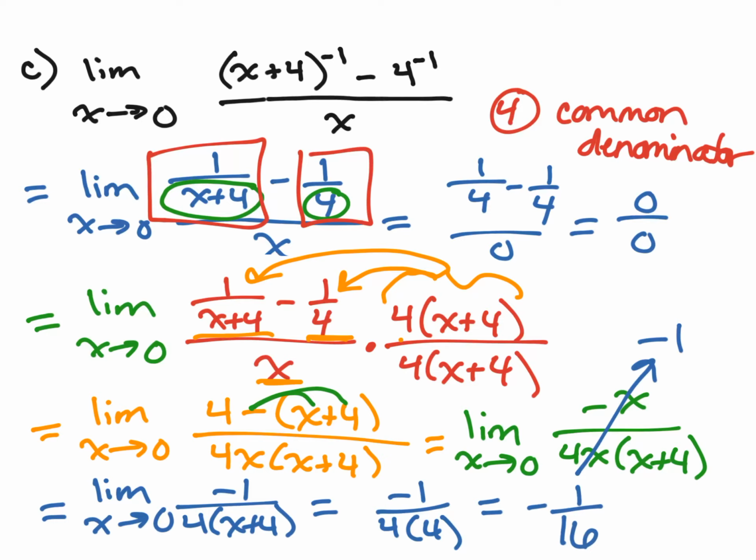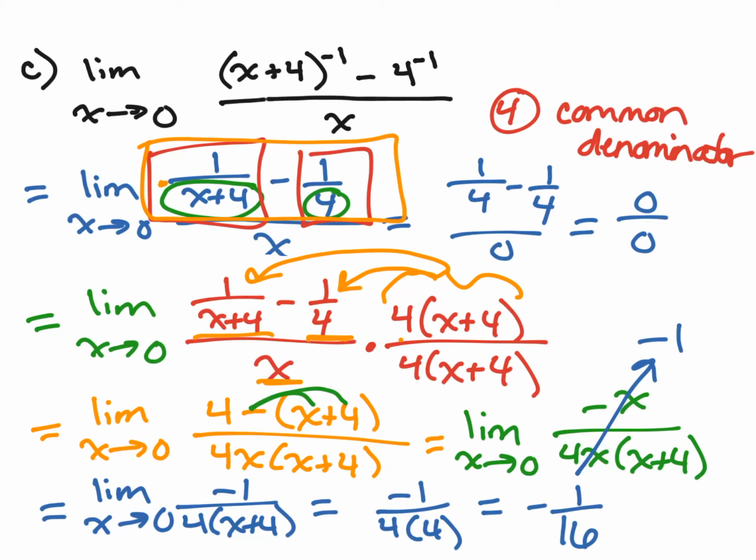On that red section right there in the center, where'd you get the times x plus 4 stuff? Okay, so we're going back up to right here. I said, what would be the common denominator of those two fractions if I was trying to combine them?